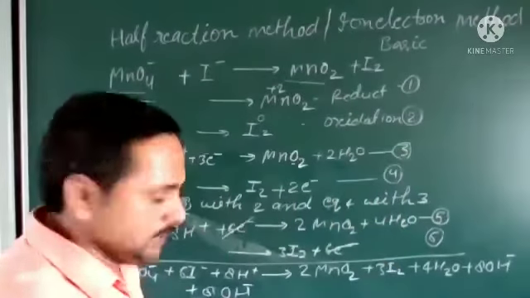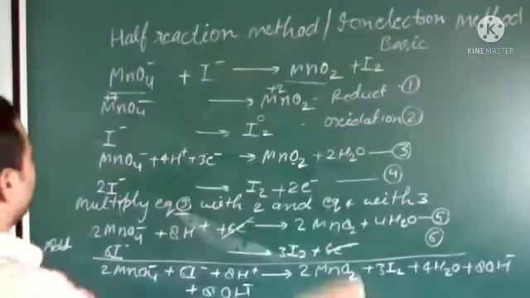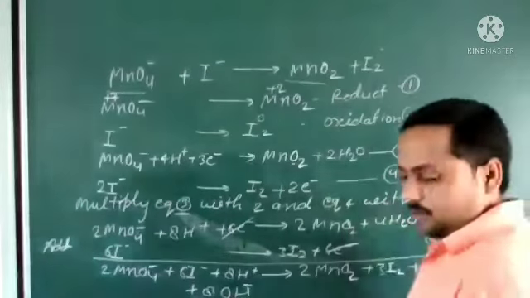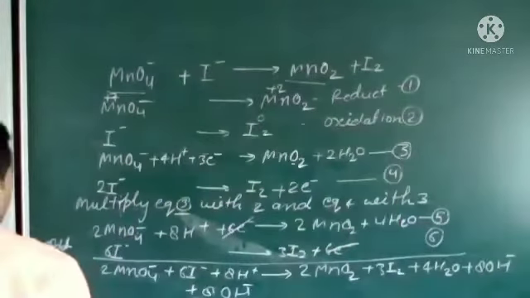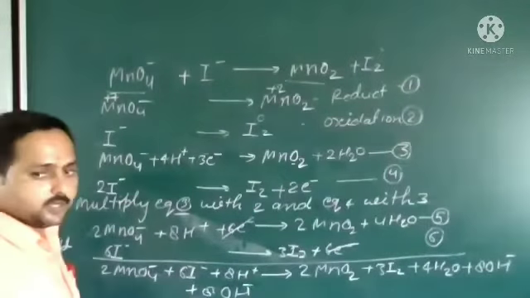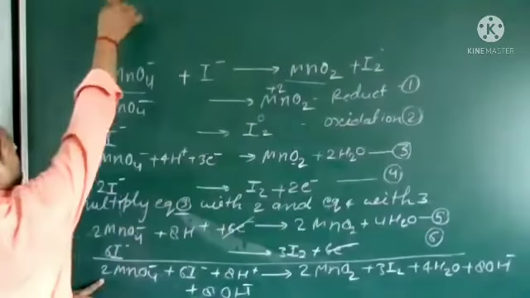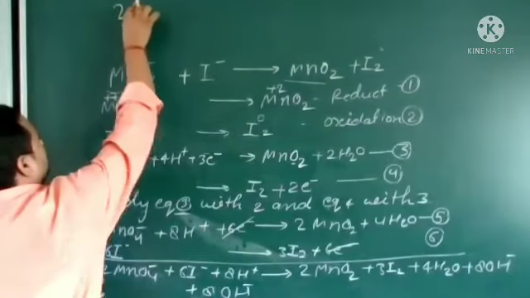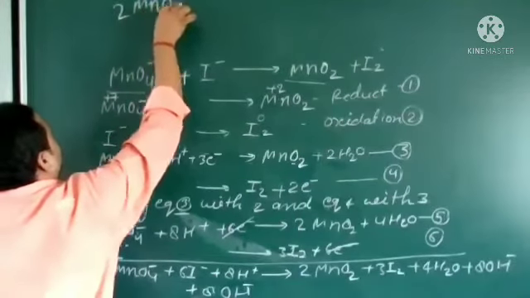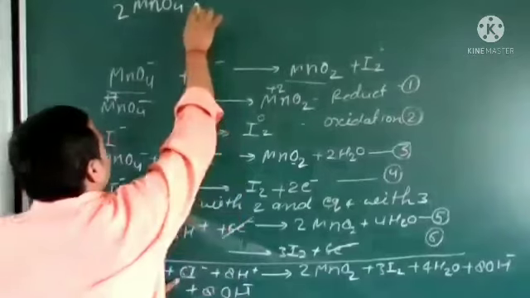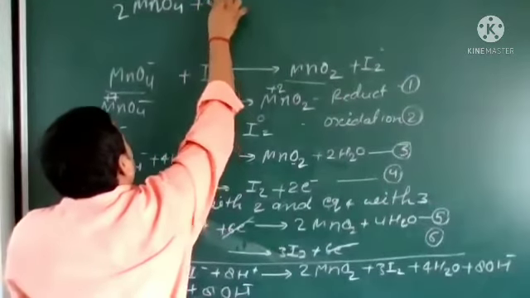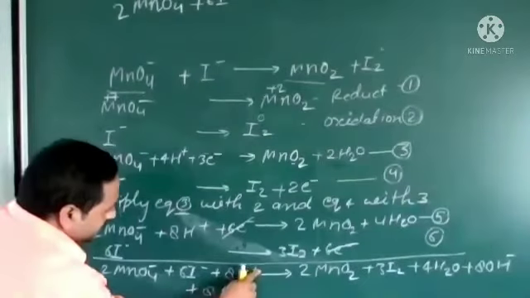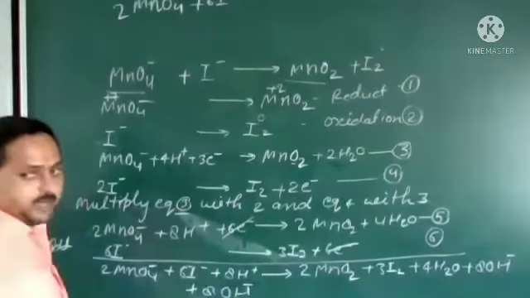I am going to write this outside here because there is no space. Everyone see, this is very important. So 2 MnO4 minus plus 6I minus plus 8H plus and 8OH minus.